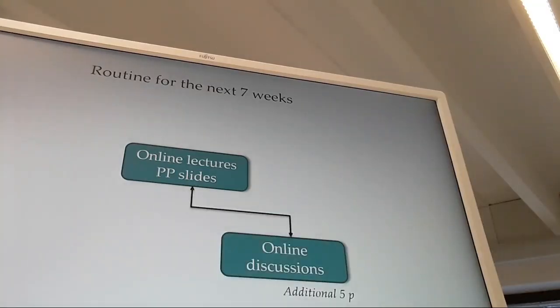Beside that, we have these online discussions in the Slack environment that help you to understand and process. And if new ideas pop up, or especially if you find any problems in the lecture, like the teacher was saying this, but it's not true, etc., you can get additional points from participating in this discussion.